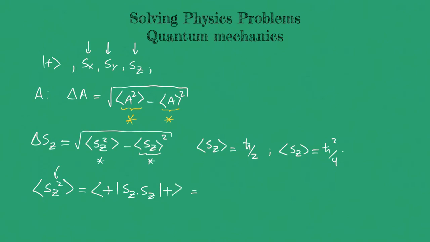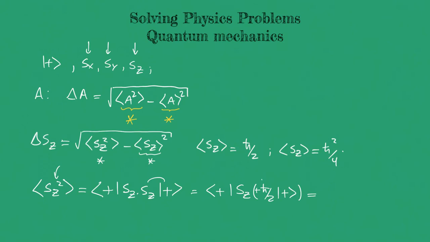And I know what happens when the operator Sz acts upon the ket plus. It gives us plus h bar over 2 ket plus. Then I write it down: plus h bar over 2 ket plus.